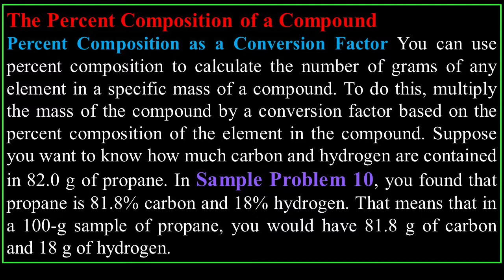In Sample Problem 10, you find that propane is 81.8% carbon and 18% hydrogen. That means that in a 100 gram sample of propane, you would have 81.8 grams of carbon and 18 grams of hydrogen.